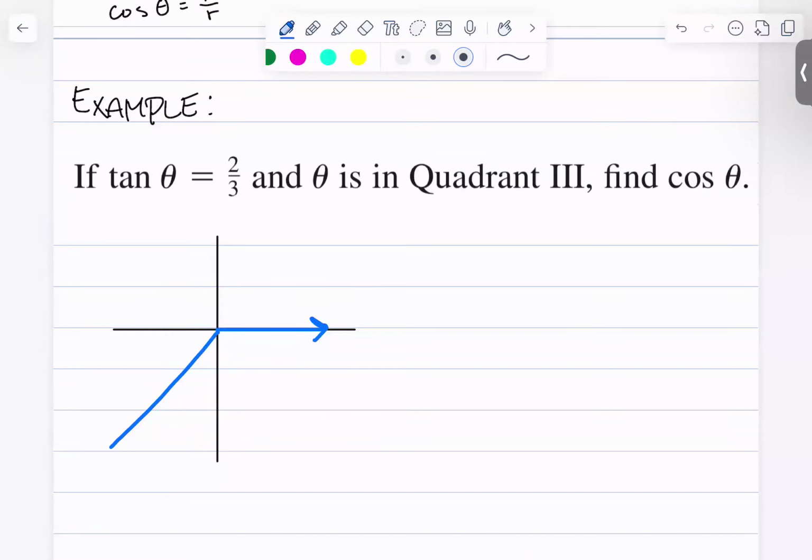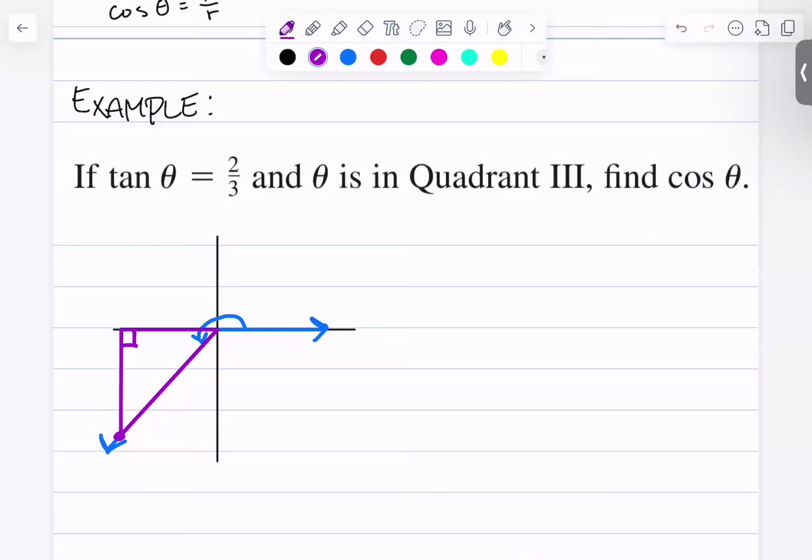So I want that, right? That's an angle in quadrant 3. I don't know what that angle is, but I know that angle is in quadrant 3. So from here, I'm going to pick a point, drop that down to my x-axis, and that's my reference triangle, right?